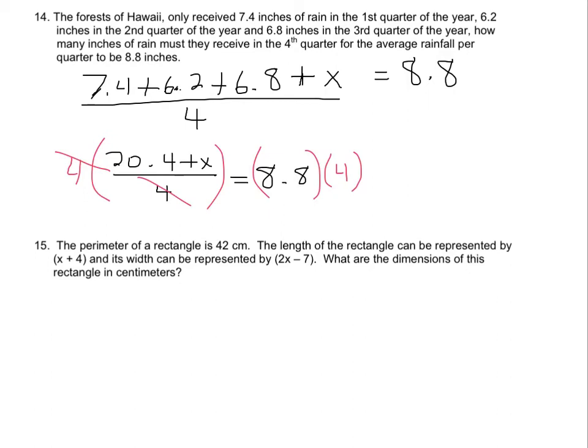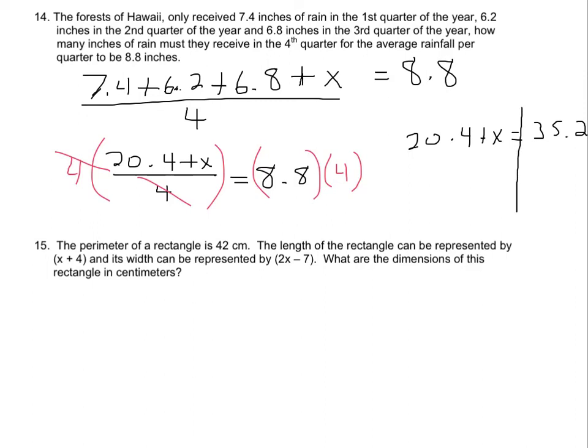So I'm left with 20.4 plus x equals, and 8.8 times 4 is 35.2. Okay. And then I'm going to solve for x now. Right.